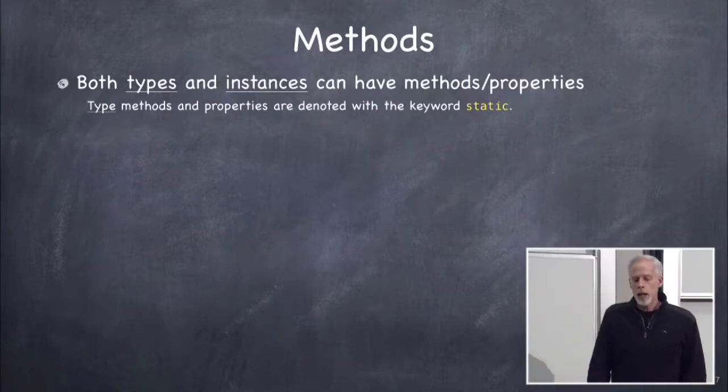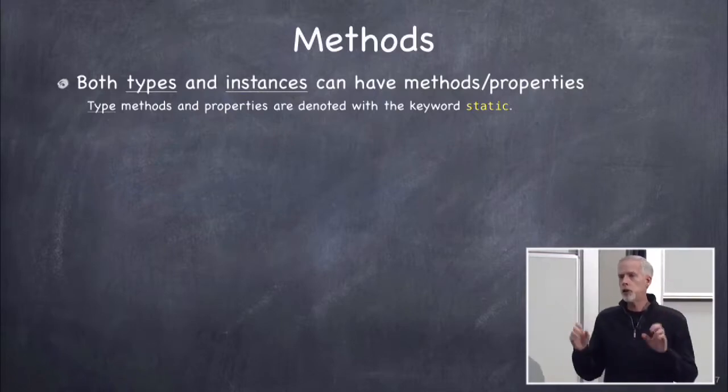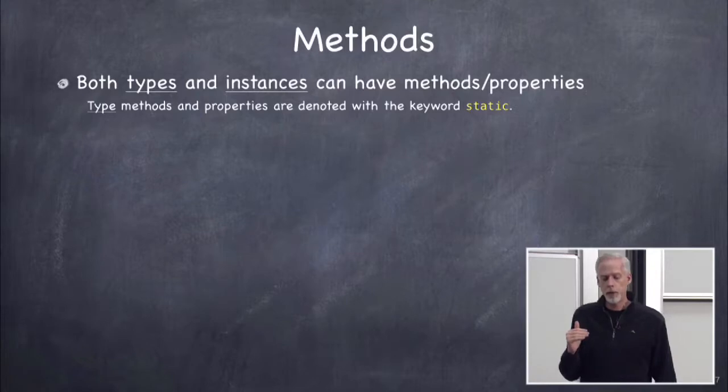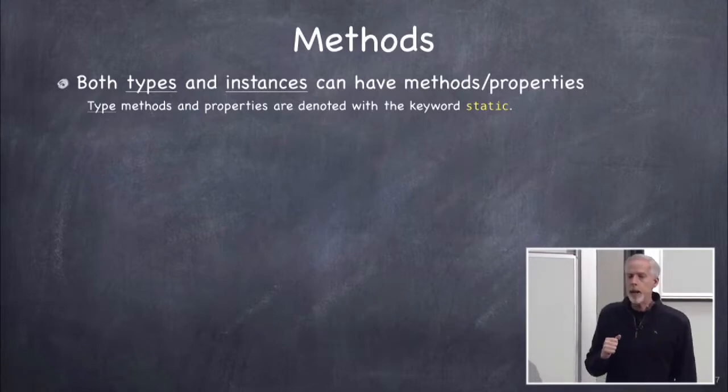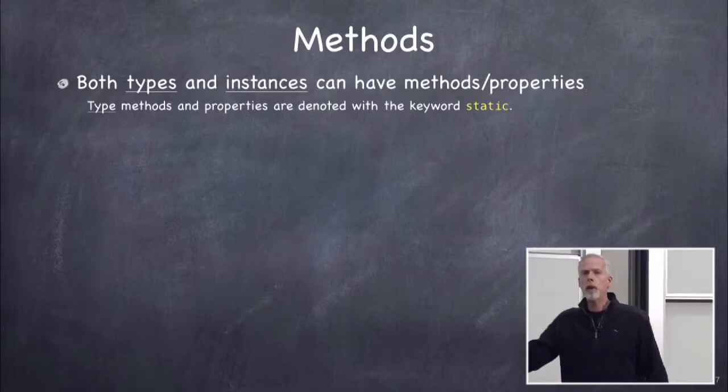But types like the type double, the type string, the type calculator brain, they can also have methods. And vars, computed vars, no storage, but computed vars. And all you do to add a method or a var to a type is you put static in front of the declaration. So static func whatever means this is a function on the type, not on instances of the type, on the type itself.